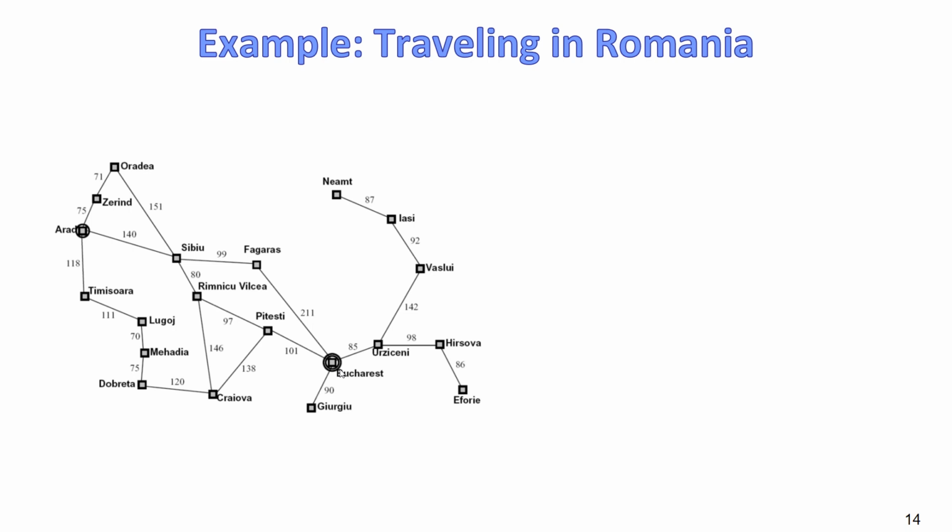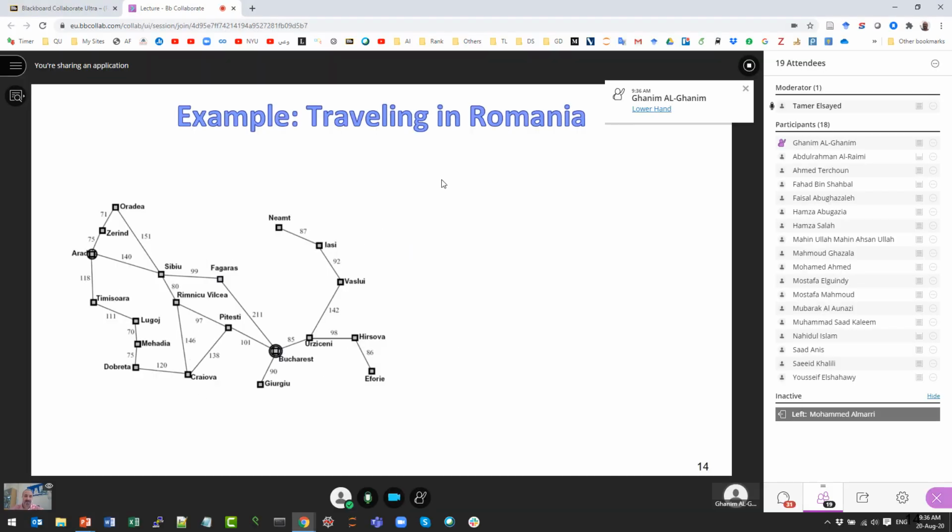The first one is the state space. Of course we are given that map that shows us the cities and the distances between each city. What are the states here? What is the state space? What are the possible states here? Ghanem? Arad, yes.